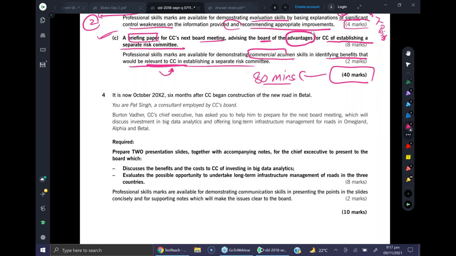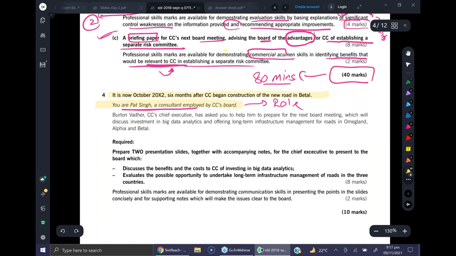Okay, requirement 4 is that it is now October 20x2, 6 months after CC began construction of the new road in Beetle. You are a practicing consultant employed by the CC board. It's funny how your roles are changing in this particular case study.